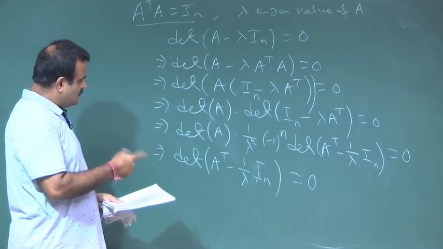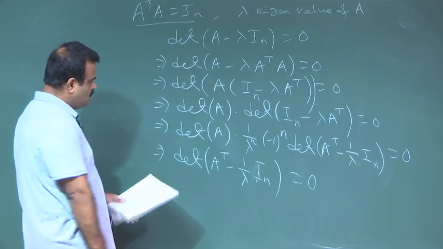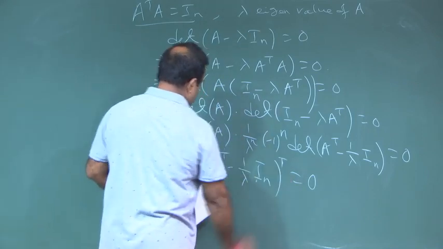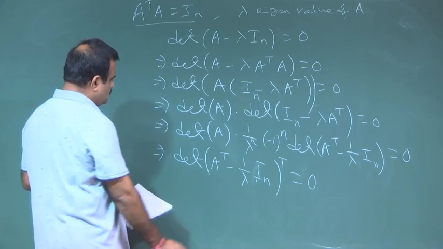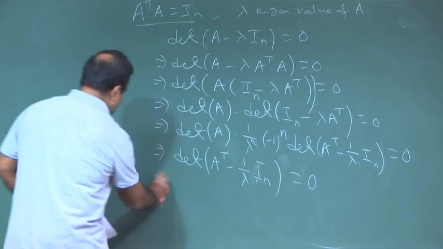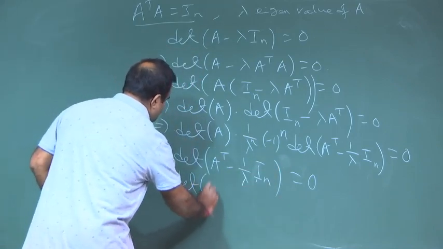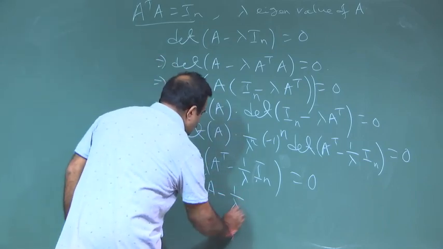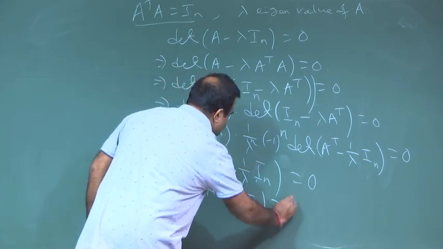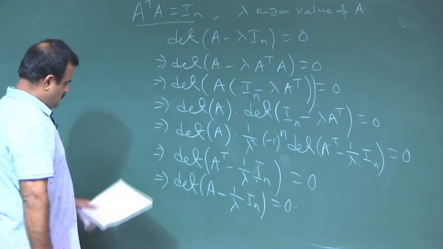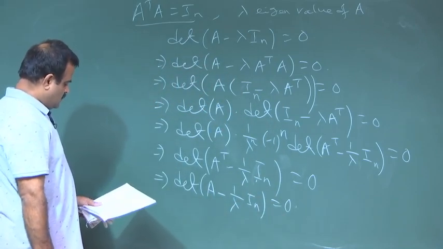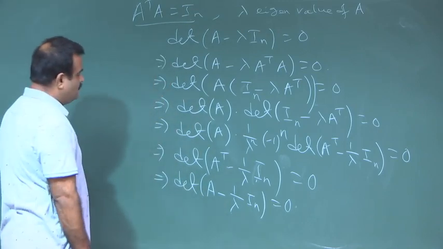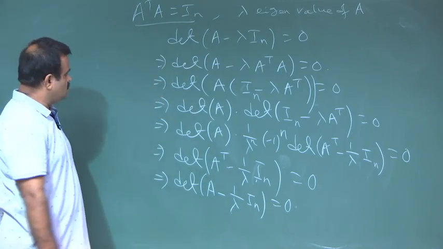Now, we can take the transpose of this, which is also 0. So, this implies det of A minus 1 by lambda I is equal to 0. So, 1 by lambda satisfies the characteristic equation.